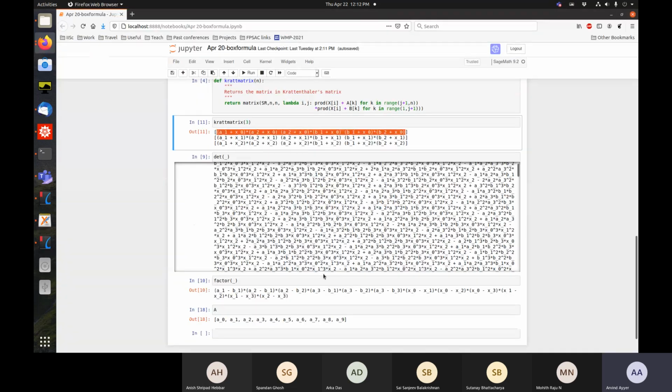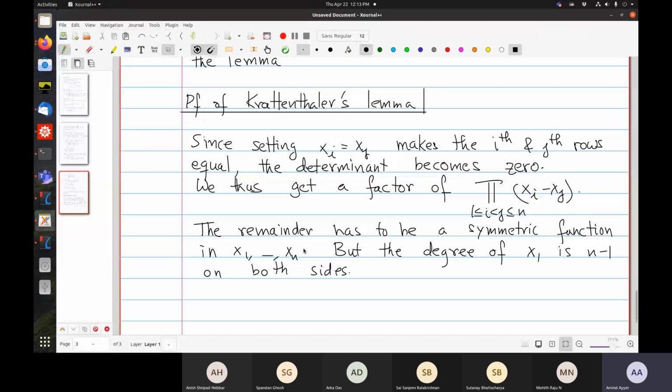Right. So for the argument, I also need that x1, or here if you want, x0 appears only in the first column, so first row. So when you do the Leibniz expansion, every term will contain a polynomial in x1 of degree at most n minus 1.